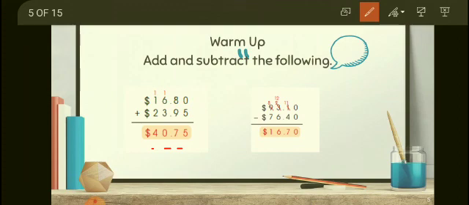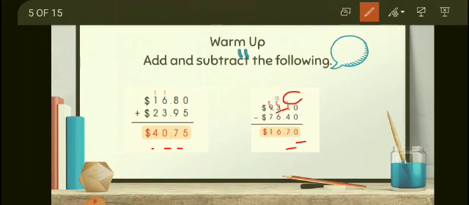Similarly, 93.10 subtract 76.40. 0 minus 0 equals 0. We can't subtract 4 from 1, so we have to take a carry or borrow from the other one. We took a carry 1 from 3, so it will be 11. 11 minus 4 equals 7. Here is 2.